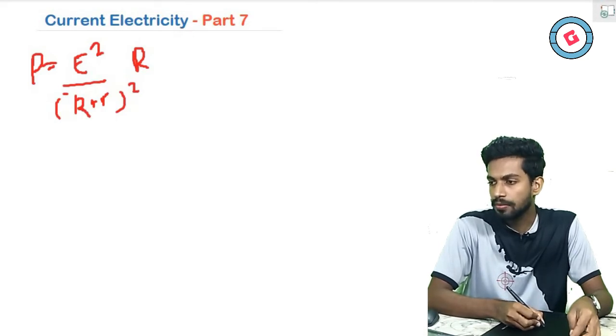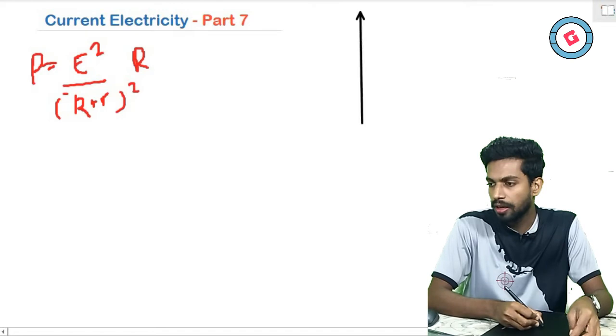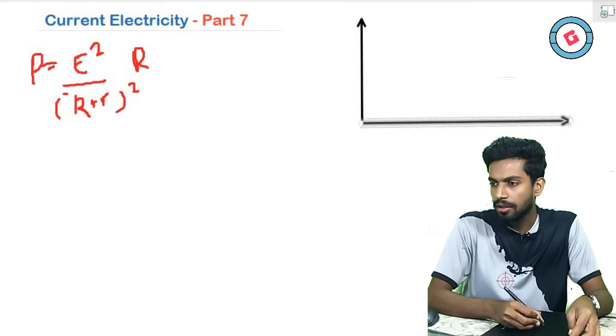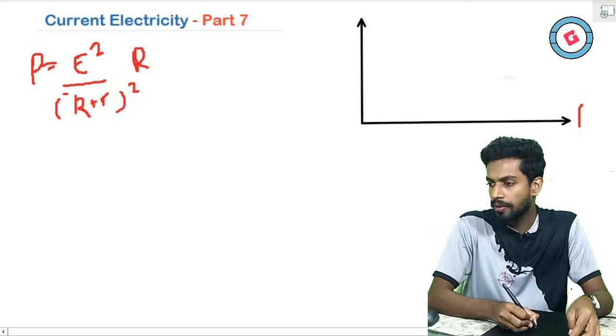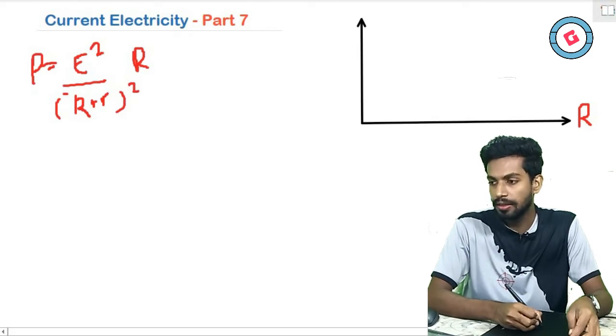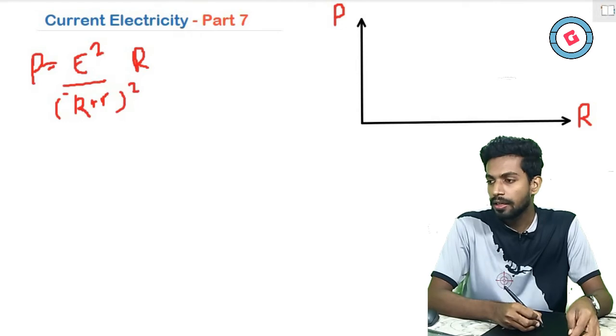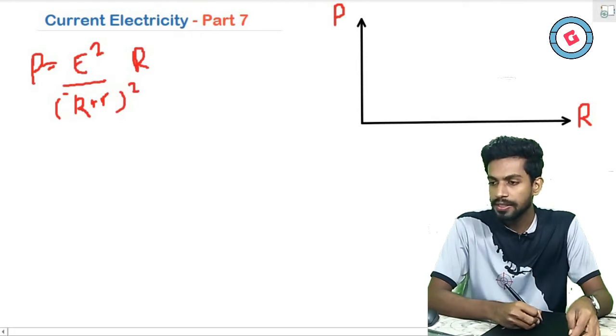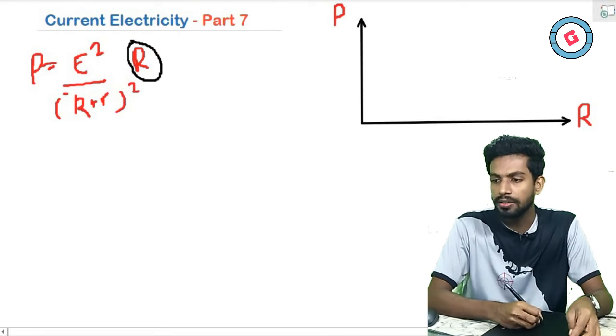If I'm going to draw a graph between, selecting the independent variable as the load resistor and the dependent variable as the power, we can see if we substitute 0 into R, the power will be 0.